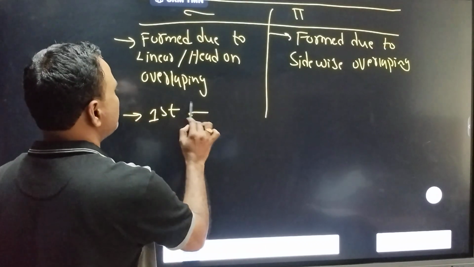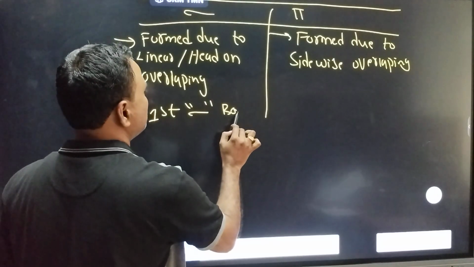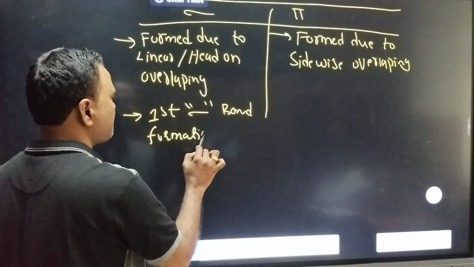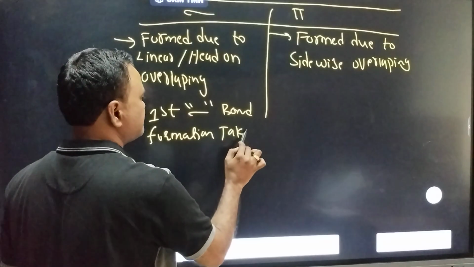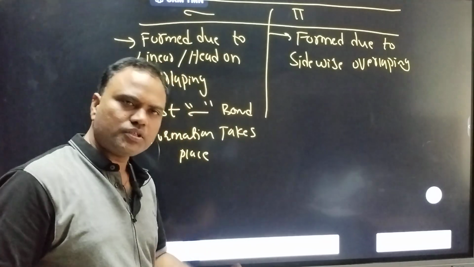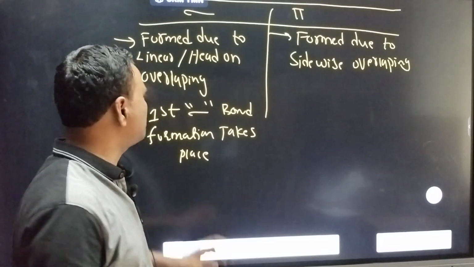First, sigma bond formation takes place in the molecule. After that only, pi bond formation takes place.